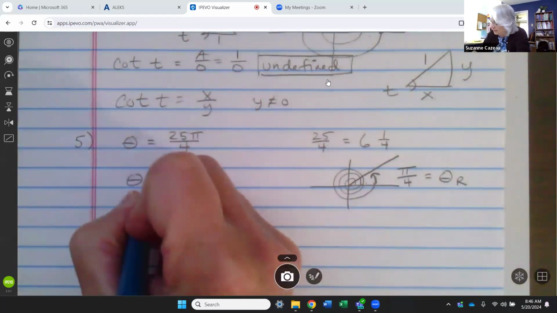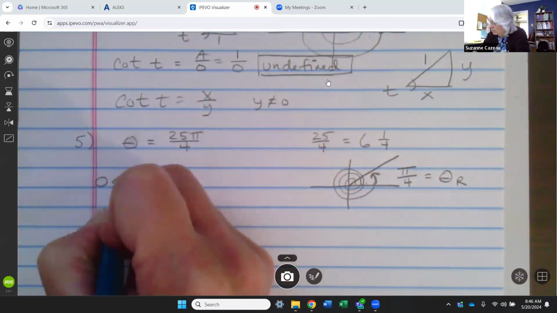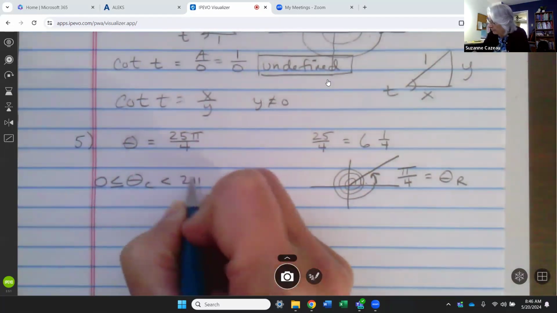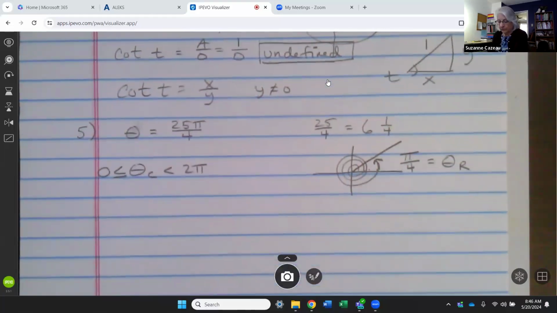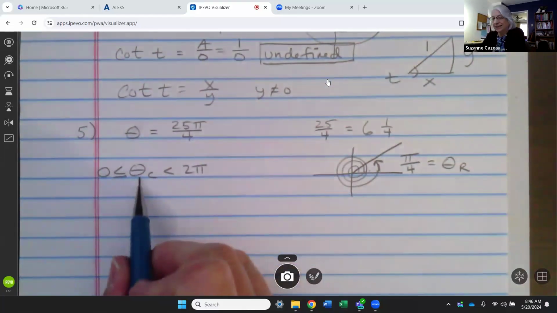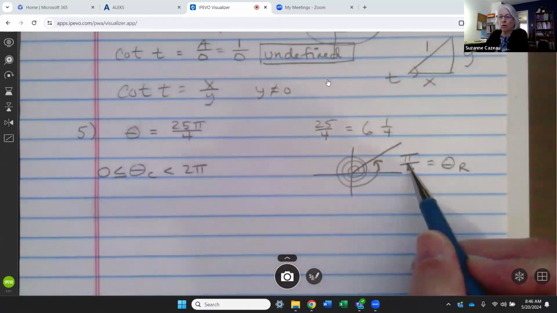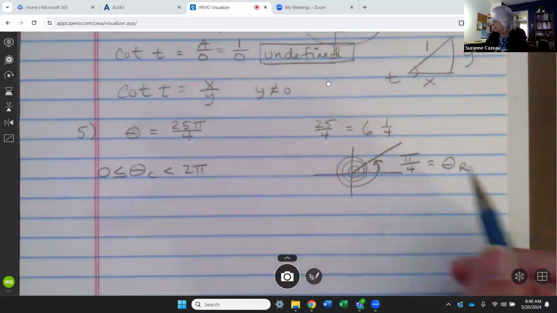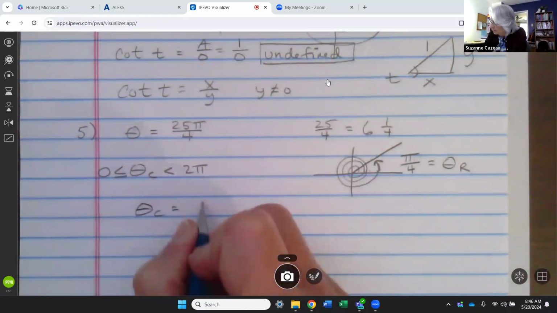Theta sub c is the one that's between 0 and 2 pi. That's coterminal with that. So that's the angle of least non-negative measure. And there it is. That's the smallest one that's positive. So theta sub c is pi over 4.